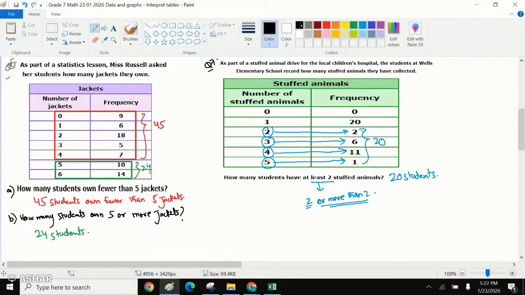Okay, but if I would say how many students have at most 2 stuffed animals, see, at most means maximum 2.